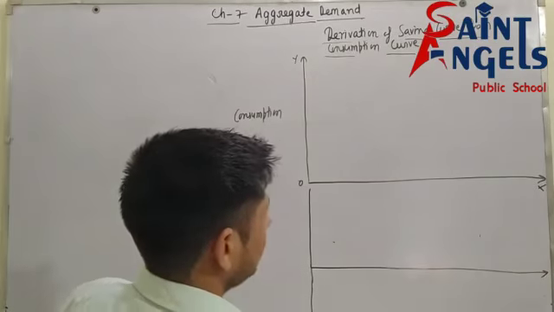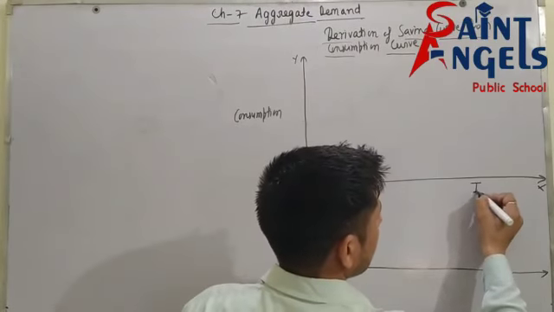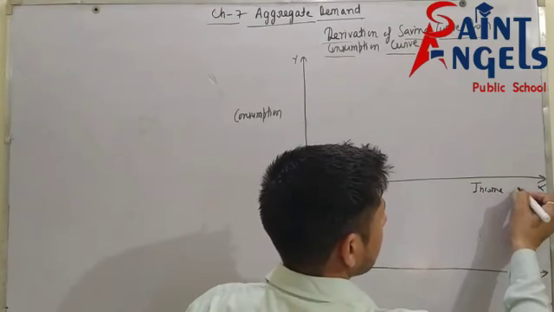This is the origin, and income is measured on the x-axis.